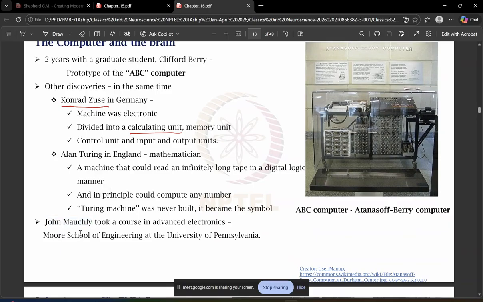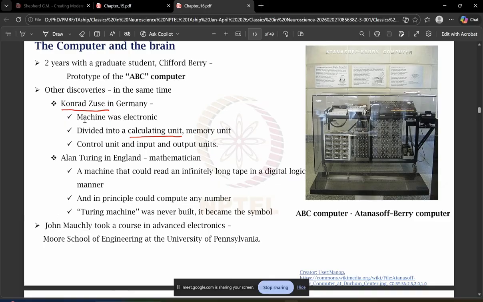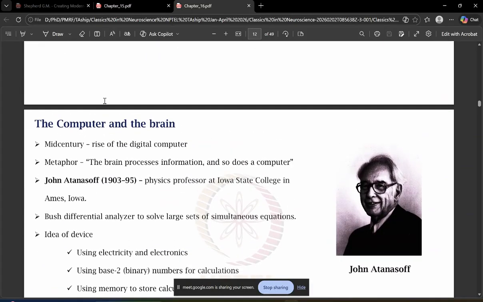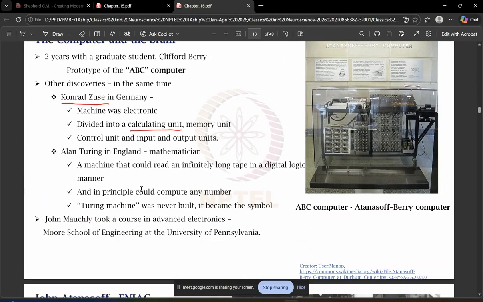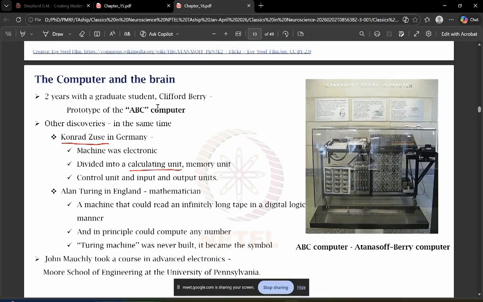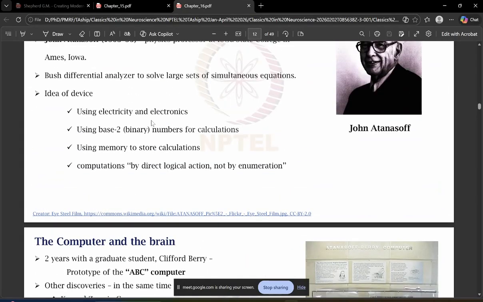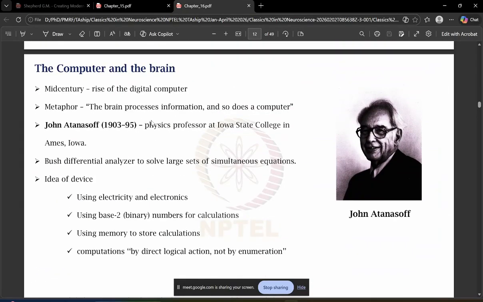John Mauchly was trying to make lots of calculations to study climate. During that time, John Mauchly and Atanasoff came in contact, and Mauchly even went to see the prototype that Atanasoff was working on, and discussed his ideas and so on.